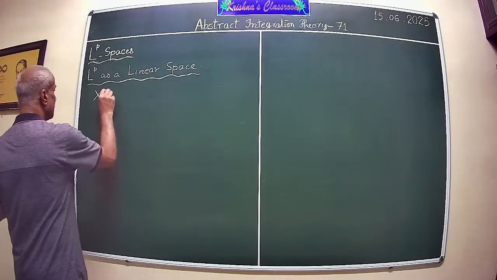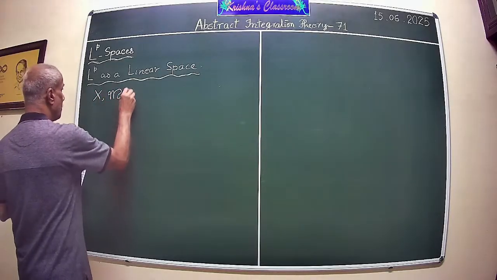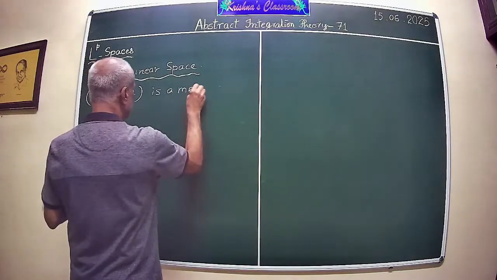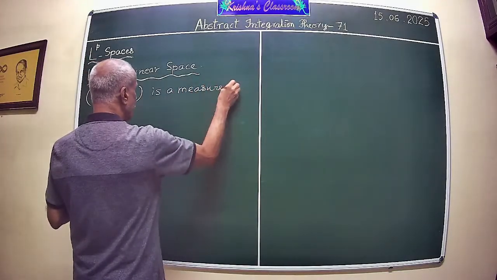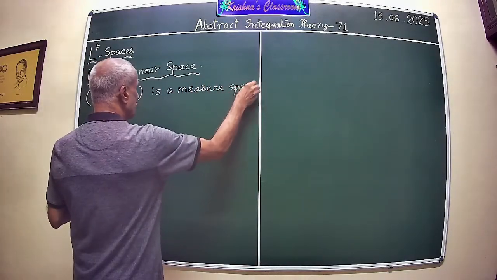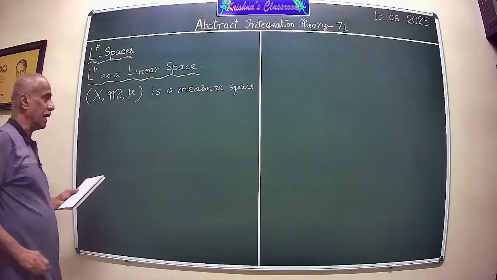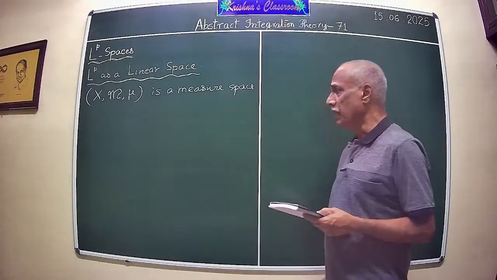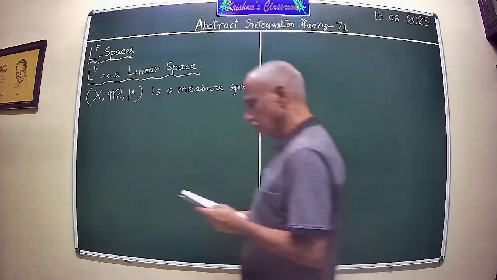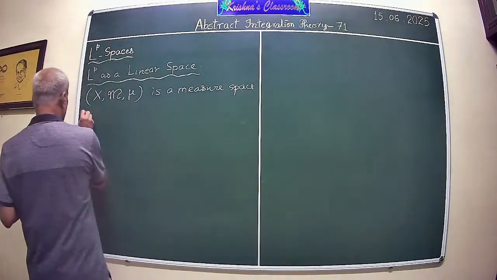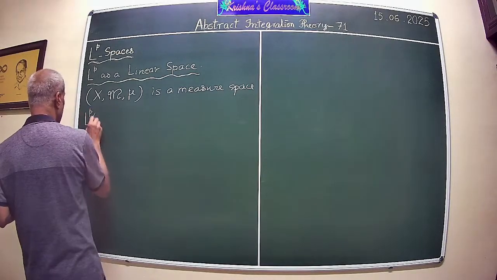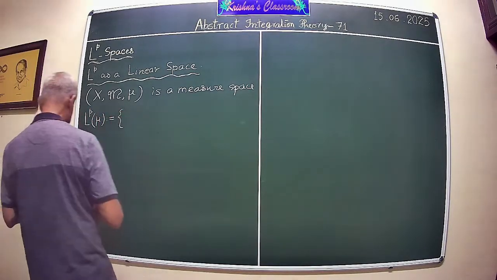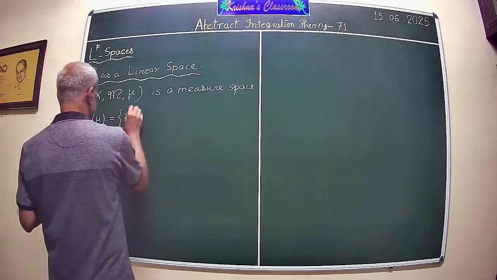So (X, M, mu) is a measure space, with the usual meanings: M is a sigma algebra and mu is a measure. Now we define LP mu. Yes, this is all recalling whatever we have done.